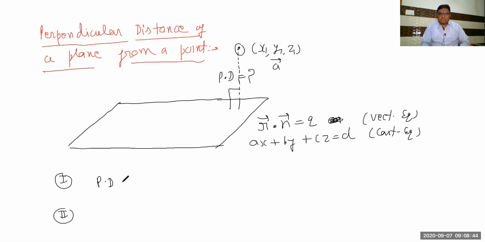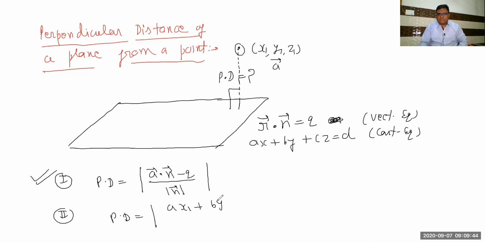Perpendicular distance is equal to modulus of a vector dot n vector minus q upon magnitude of n vector, or perpendicular distance is equal to modulus of ax1 plus by1 plus cz1 minus d upon square root of a square plus b square plus c square. The first formula is in vector form and the second is in Cartesian form.